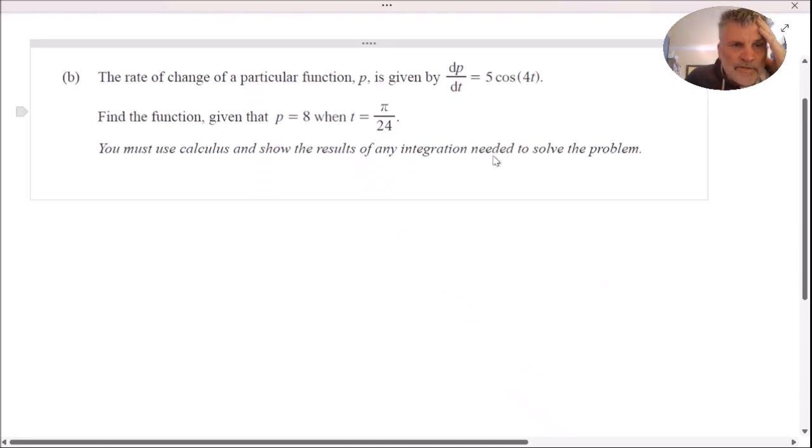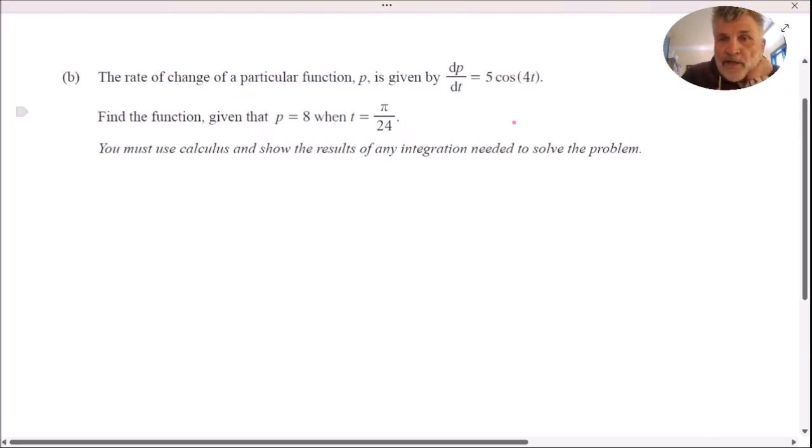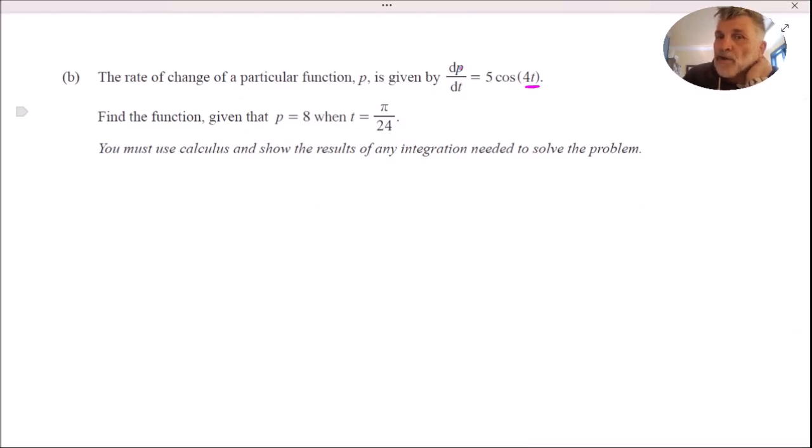Part B of question 2. The rate of change of a particular function is given by dp/dt equals 5 cosine 4t. Find the function given that p equals 8 when t equals pi over 24. Okay, same theme. This is a linear function inside. We know how to integrate cosine. To find p when you're given the derivative, all you have to do is integrate.